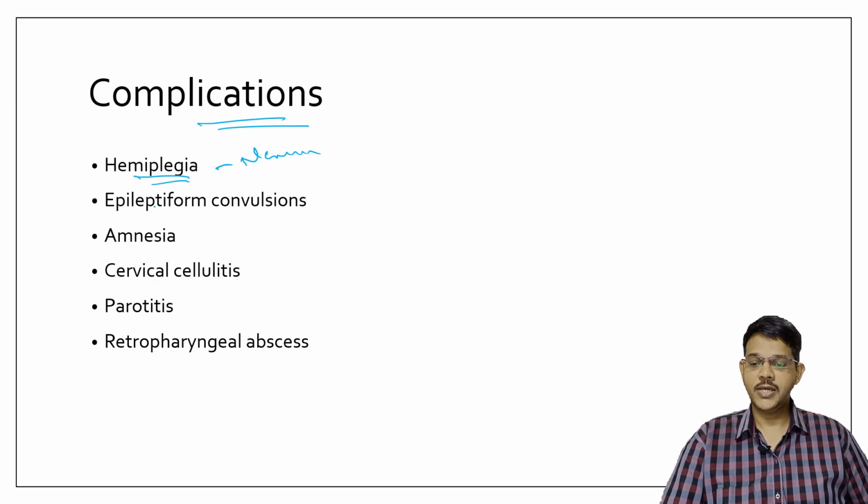There may be convulsions, again because of cerebral anemia. There may be amnesia, where the person may lose some memories. There may be cervical cellulitis, and parotitis, that is inflammation of the parotid gland. There may be abscess formation and infection. These are a few complications which arise if the person survives the hanging.